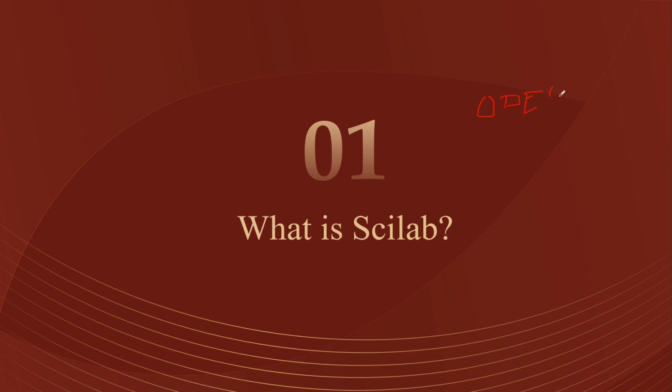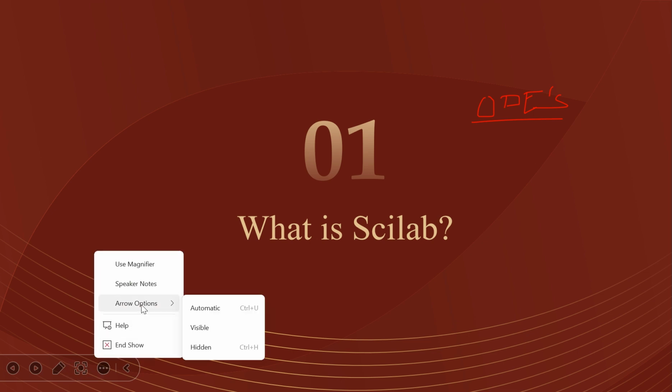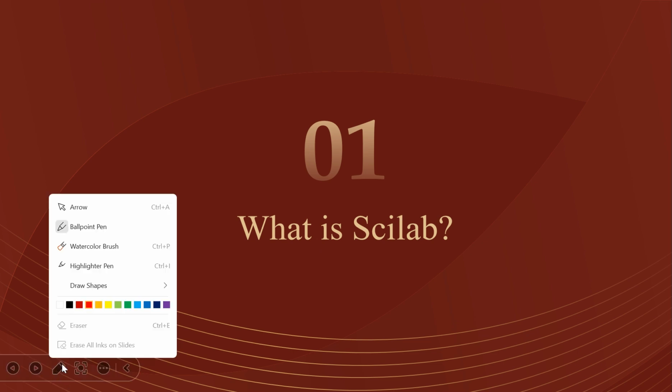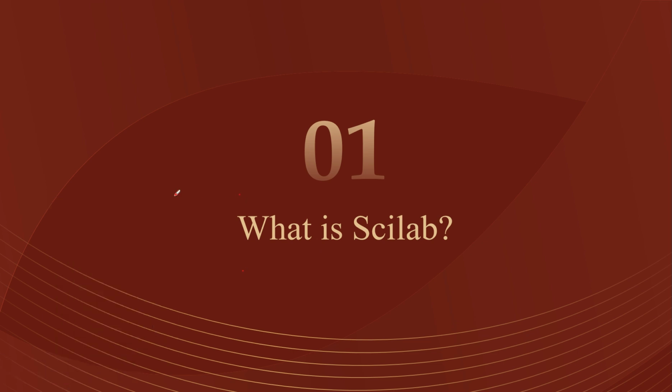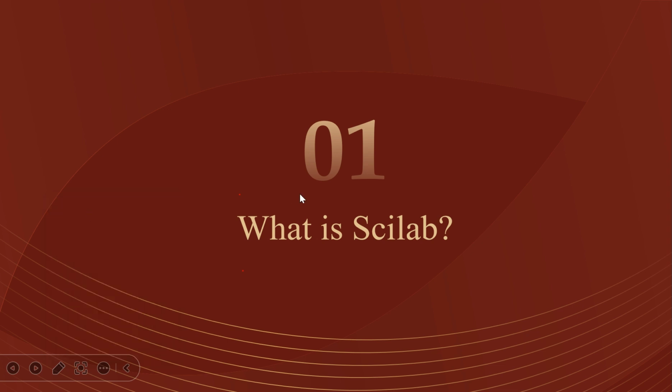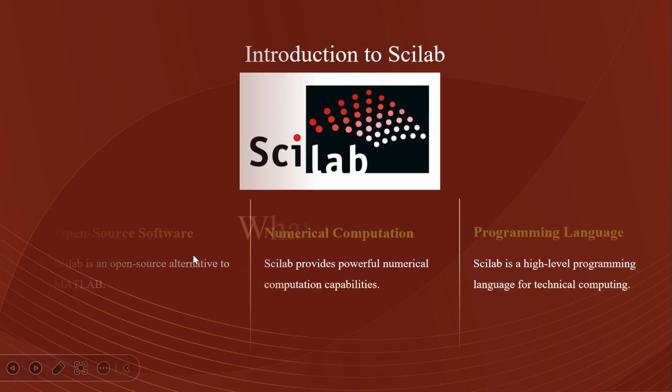So if you did math in high school, or if you went to college, most of the maths you've done before is probably symbolic. It's when you're given an equation, you're told to solve for x, or maybe you're told to prove something, to come up with a formula, to generalize a concept. That's all symbolic math. And if you know about software called MathCAD, for example, that specializes in symbolic math. But Scilab and MATLAB are both numerical computation software, meaning they're mainly useful for numerical computation.